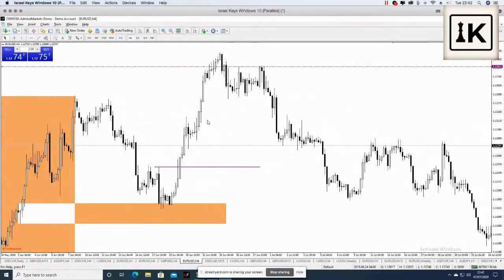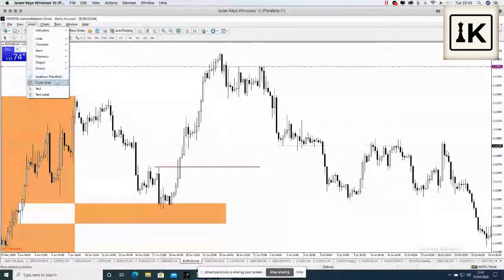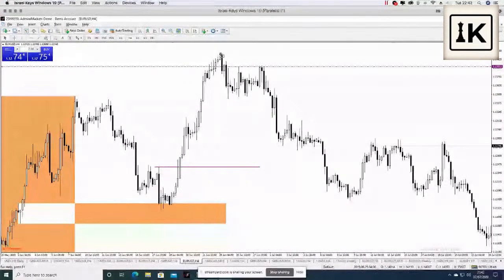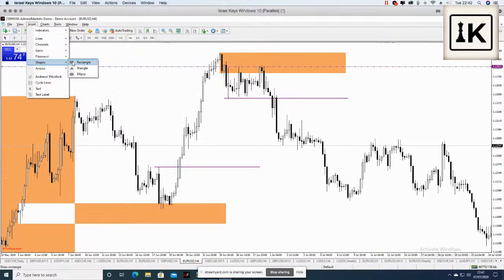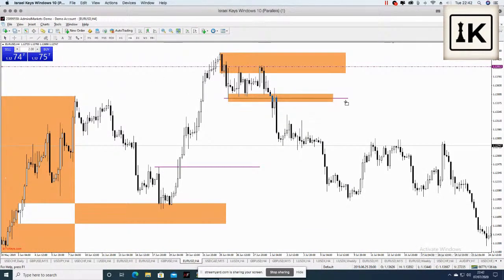The reverse is true. Order block respected. Low violated. Right? Price runs down, comes back. So fair value gap respected.